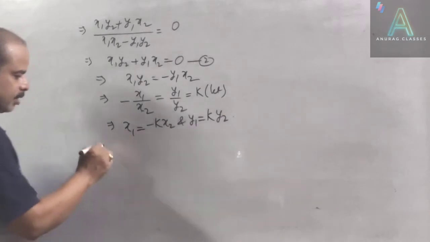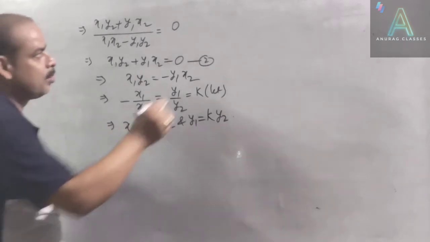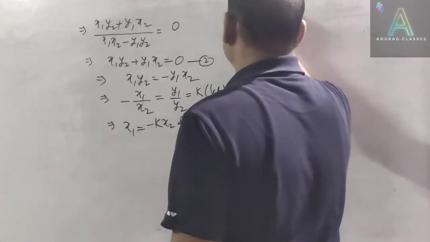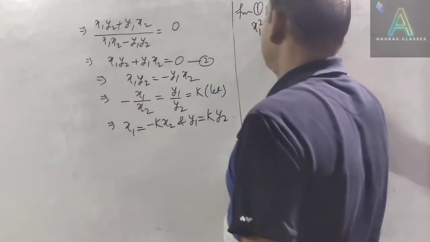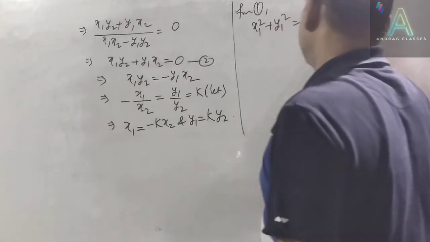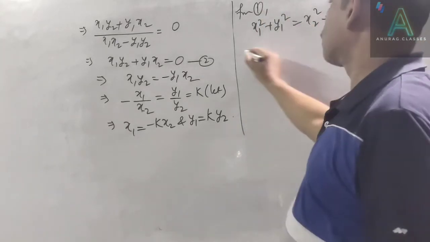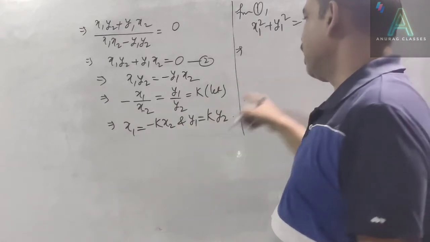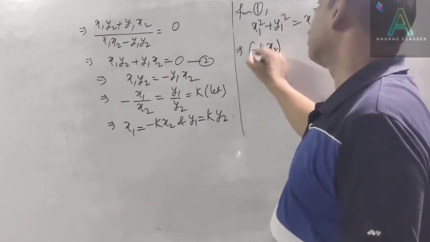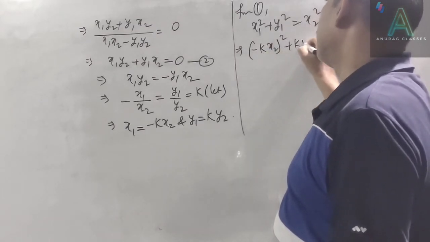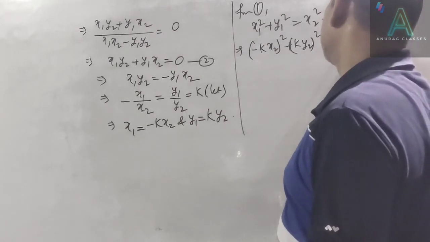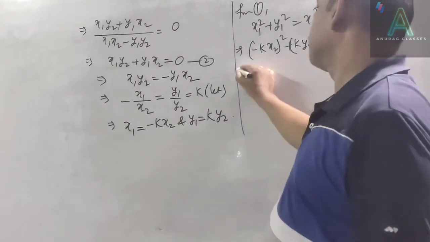Now let us see equation 1. What was equation 1? Equation 1 was x1 square plus y1 square is equal to x2 square plus y2 square. Now put the values of x1 and y1. So it will be minus k x2 whole square plus k y2 whole square is equal to x2 square plus y2 square.